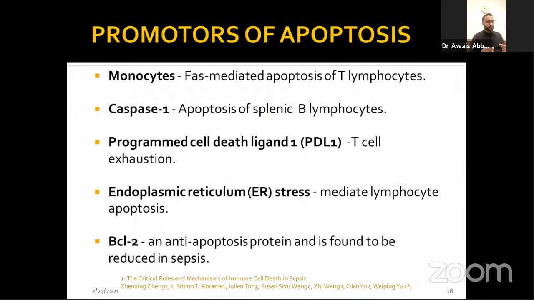We have caspase-1 that causes apoptosis of splenic B lymphocytes. We have programmed cell death ligand 1 that causes T cell exhaustion. We have endoplasmic reticulum stress that mediates lymphocyte apoptosis, and we have BCL2 at the end. That is an anti-apoptotic protein, which is found to be reduced in sepsis, so that causes exaggerated apoptosis of our immune cells.